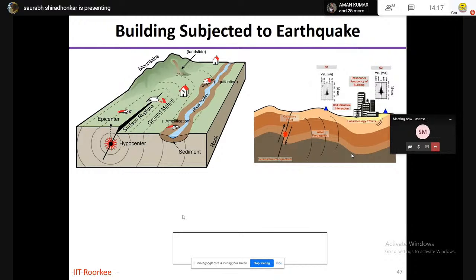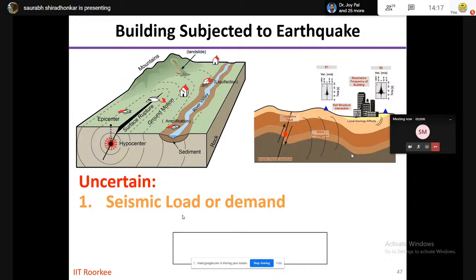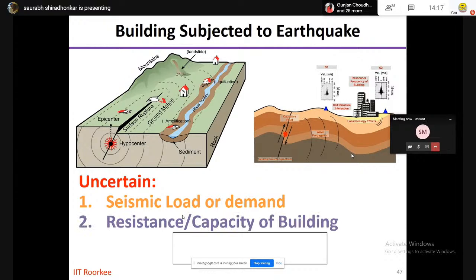So coming back to the question where we started the probability study, we are circling back now. When an actual building is subjected to earthquake ground motion, and if you can relate this with the simple example that we have seen, we can say that my load is uncertain, which is my parameter P. And then my resistance, which is my modulus of elasticity, is also uncertain.